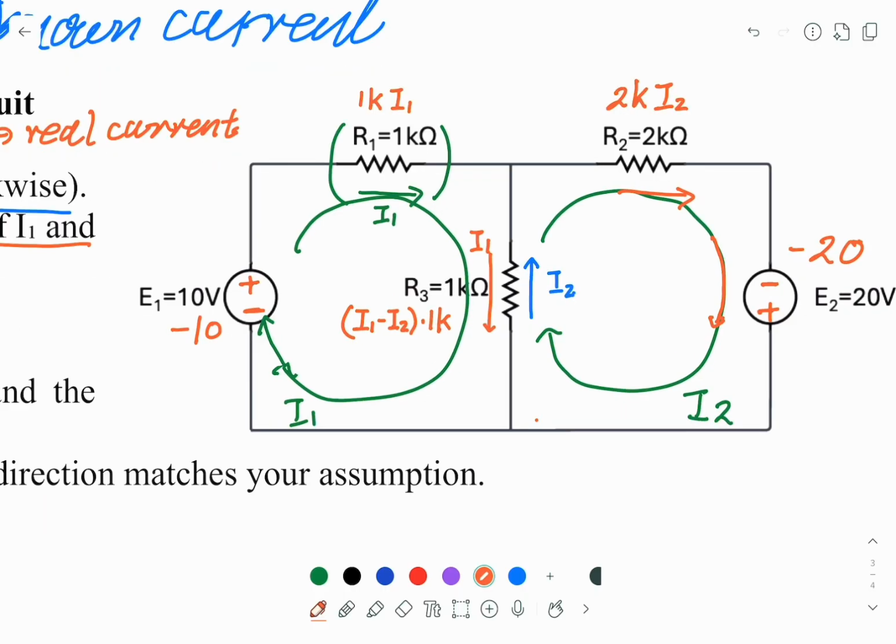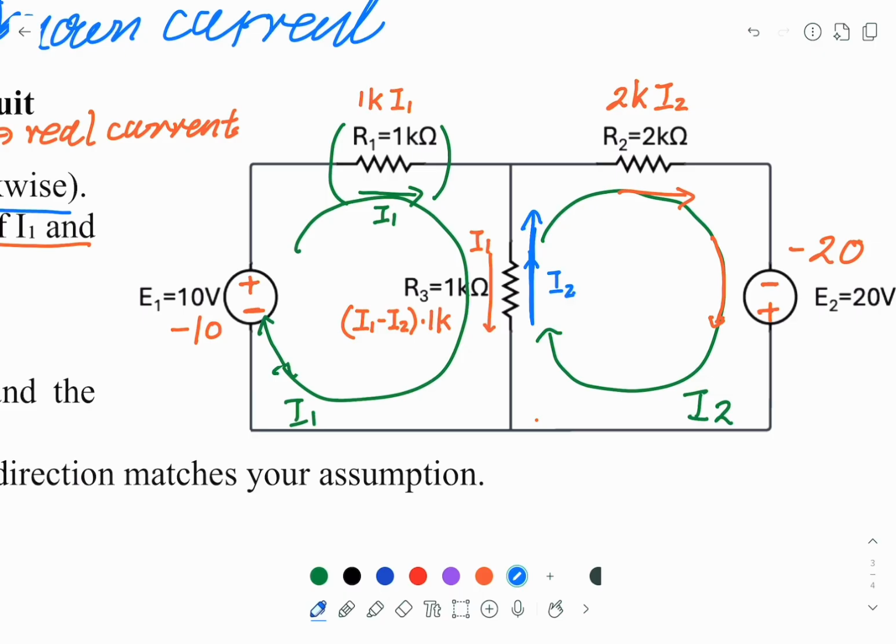For R3, the situation will be reversed because we are analyzing from I2's point of view. So in this case we must assume I2 is bigger than I1, so I2 passes through R3. Again, this is just the rule. At the end of the day, what is the current? We'll find out later.